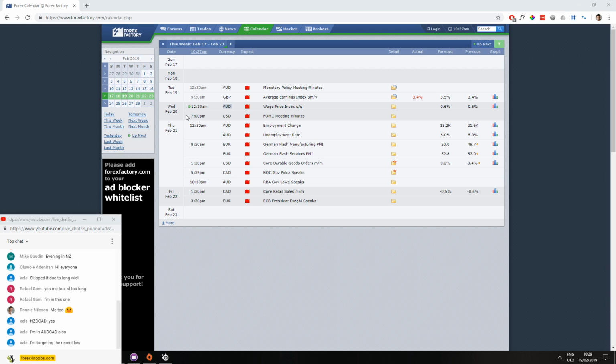Then tomorrow evening, Wednesday, there's the FOMC meeting minutes. You might want to be concerned about that. It can be a market mover. And then before Thursday's analysis, we've got 12:30 a.m., the employment change and unemployment rate.